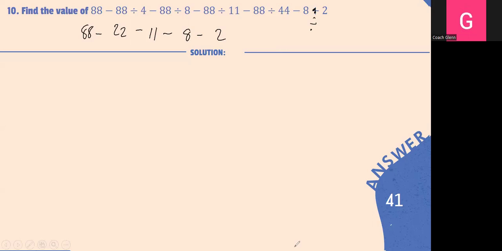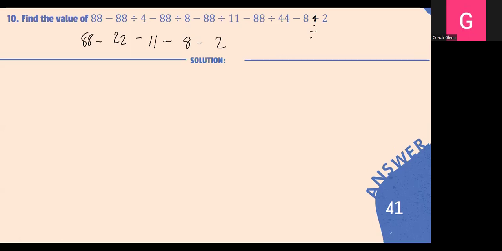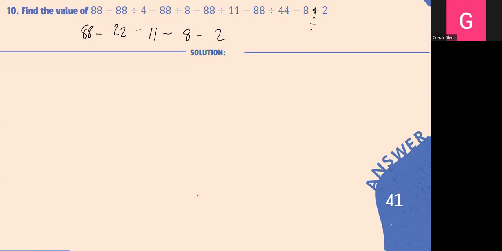Wait, let me double check. Yeah, it's 8 divided by 2. Okay, let's resume. So that's 8 divided by 2. So that's equal to minus 4.